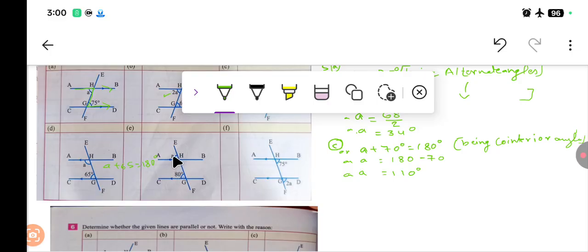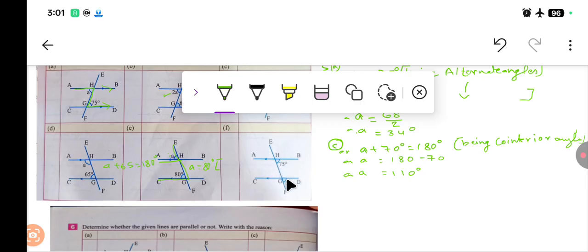Similarly for this question, here what do you see? F shape. F shape is seen. So one exterior, another interior. We have already discussed when a pair of lines is cut by a transversal, angles form on the same side of the transversal, one exterior, another interior, are said to be corresponding angles. So directly you can write A is equal to 80 degree, and in the reason you can write being corresponding angles.